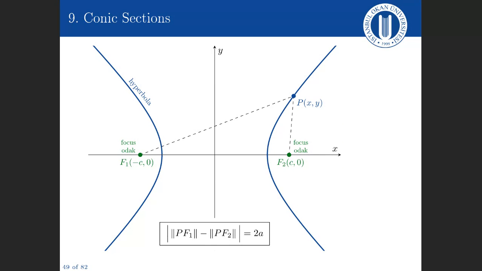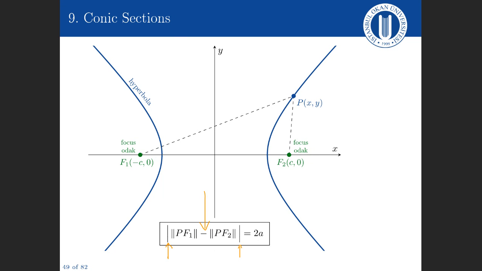Again, we need two foci, and again, we're going to say they are (minus c, 0) and (c, 0), but there's a different rule. This time, instead of plus in the rule, we have minus. And because we don't know which one of these distances is going to be bigger, depending on if we're on the left curve or the right curve, we're going to need to put absolute values around it.